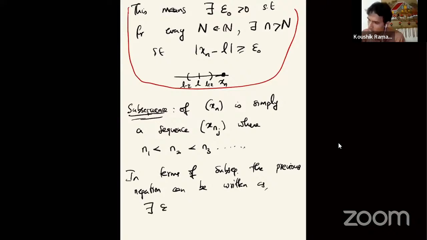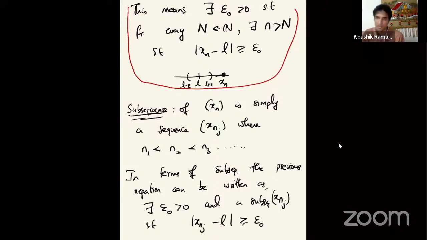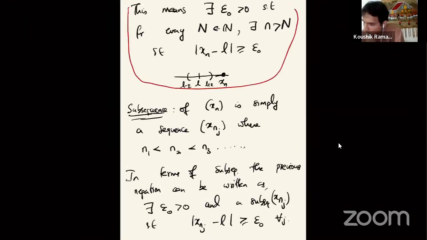There exists epsilon naught positive and a subsequence xnj such that mod xnj minus L is bigger than or equal to epsilon naught for all j. Okay, is this fine so far? Yeah. Any questions?